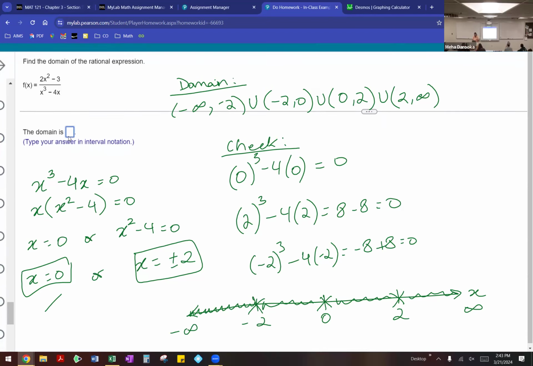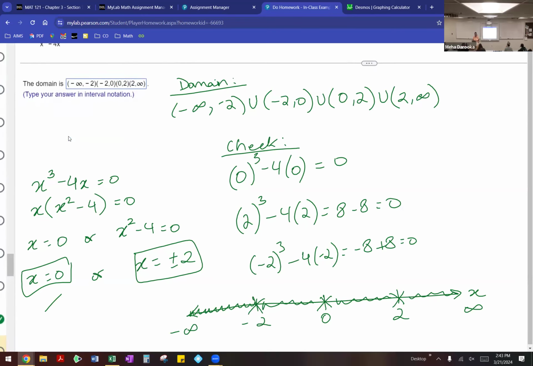Should I just go ahead and type our numbers in? I'll do that. Union symbol. So let's see, we're going from negative infinity to negative 2, and this is all parentheses. Then negative 2 to 0, 0 to positive 2, and then from positive 2 to positive infinity.